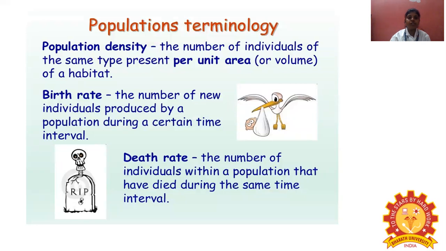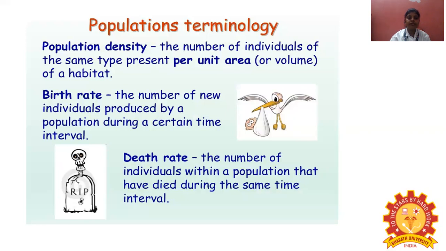Population terminology. Population density means the number of individuals of the same type present per unit area or volume of a habitat.